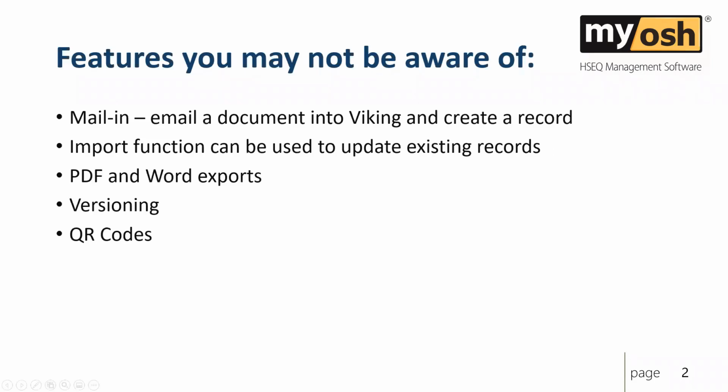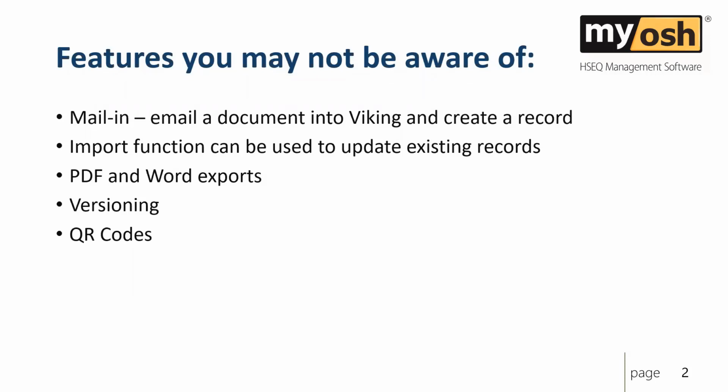So here is a summary of the features that you may not be aware of. I'll talk about some of these very quickly, then go through each of them one by one. We have a mail-in feature where information can be mailed into the system through email. Our import function has expanded quite considerably, where you can update existing records. Some of you may not be aware, but you can get the system to automatically export to PDF and Word.